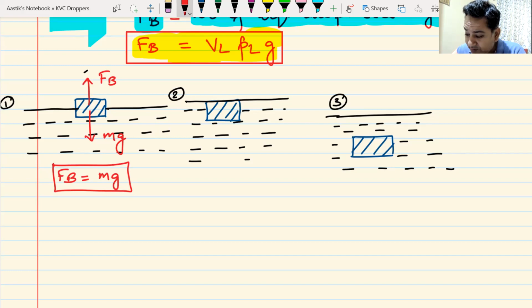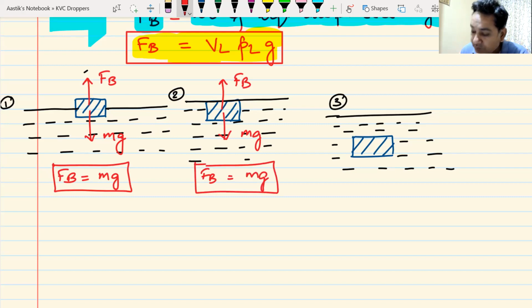Let me draw the free body diagram here. mg, something must stop it. What is that stopping thing? FB. FB is equal to mg. So remember, what is the condition of floating? FB equals mg.